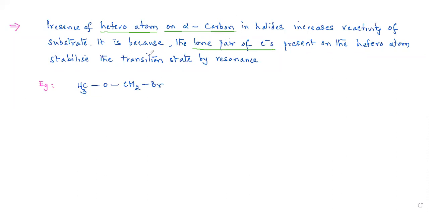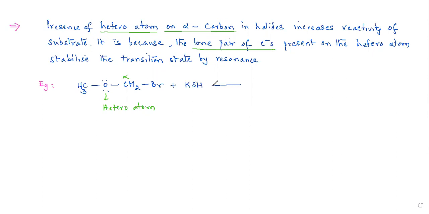Okay. Look at this. So this is the alpha carbon, has got a heteroatom attached. Now, as and when the bromide goes off, the pair of electrons on oxygen comes into picture and it stabilizes the transition state. Okay.